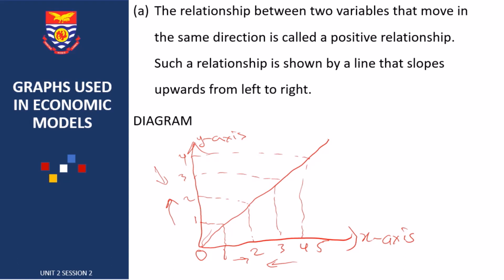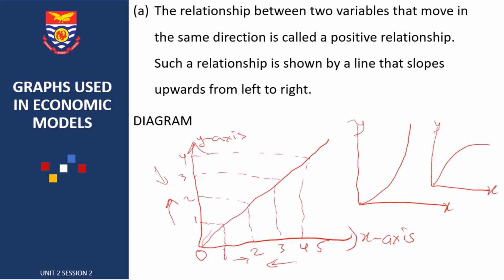We have different kinds of graphs. Let me sketch another one. We can have it like this, something like this, or we can even have it like this. I have my y here as usual, x here. So they both move in the same direction.